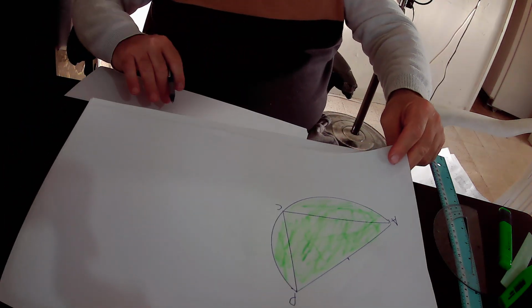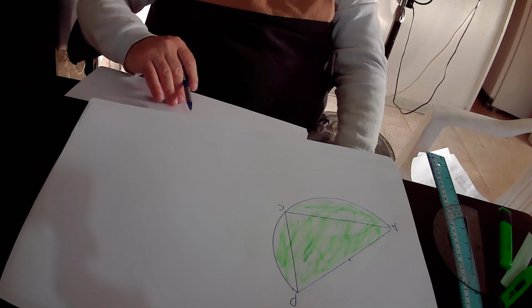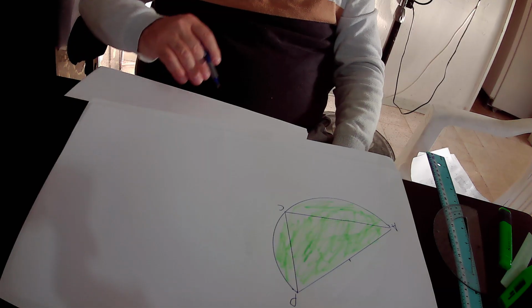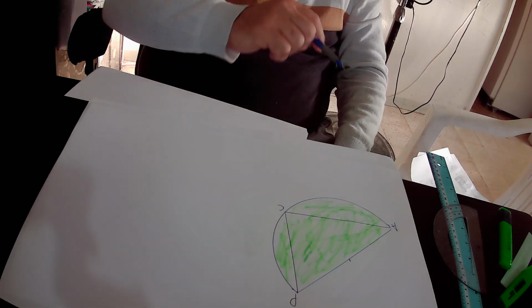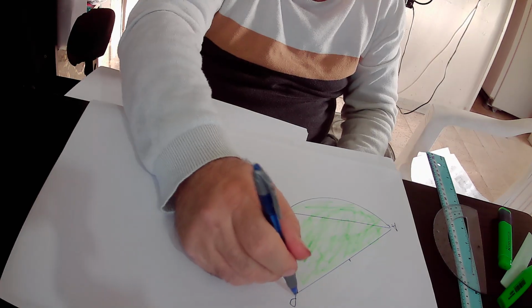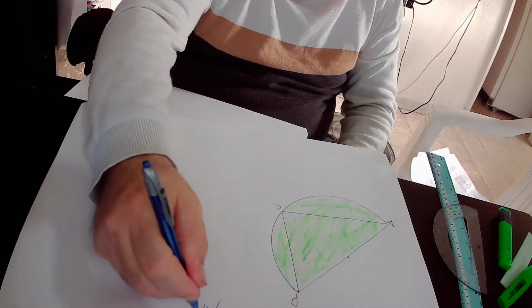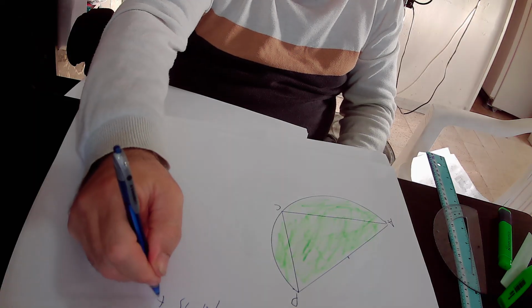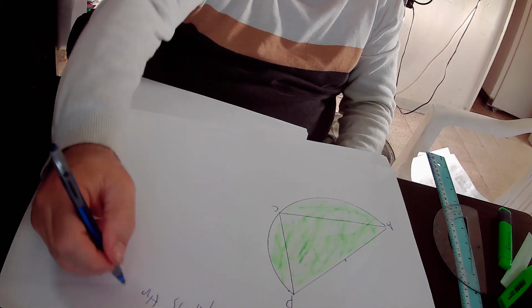So this is the green semicircle that I copied from the original drawing. It is very easy to see that AP is the diameter of the green semicircle. So I write it down. AP is the diameter of this green semicircle.